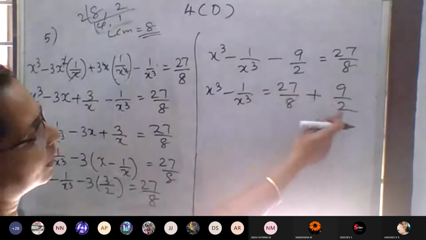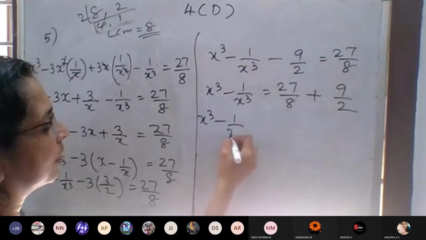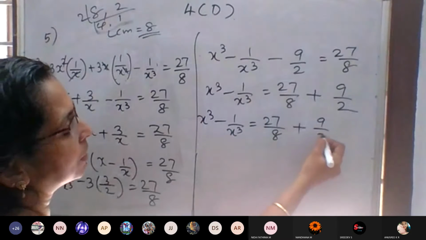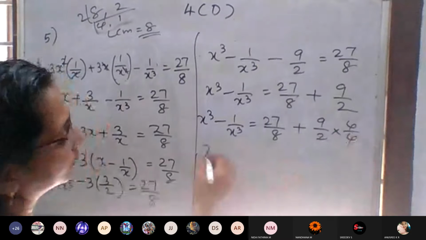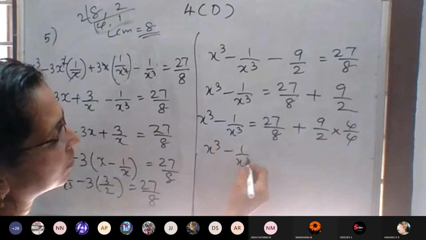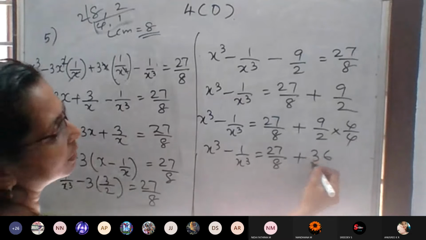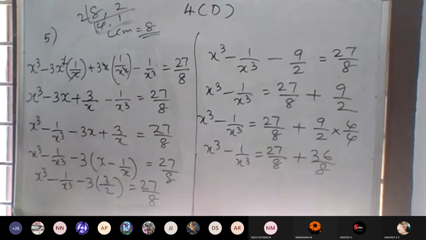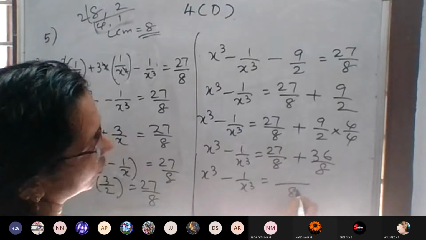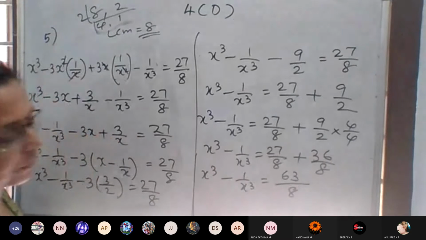Since it is 27, that's why I didn't multiply 27 into 2. Bigger number, so better do LCM. Plus 9 by 2 into 4 by 4. Anyway, if you are multiplying using Vedic maths, LCM using Vedic maths is no problem. Plus 9 fours are 36 by 8, isn't it? So x cube minus 1 by x cube is equal to 27 plus 36 is 63 by 8.